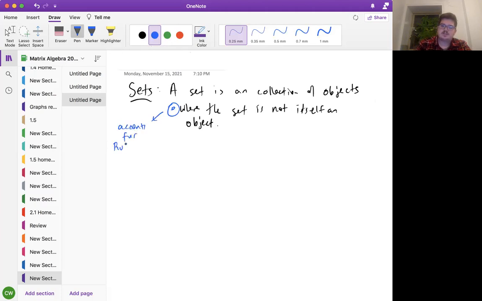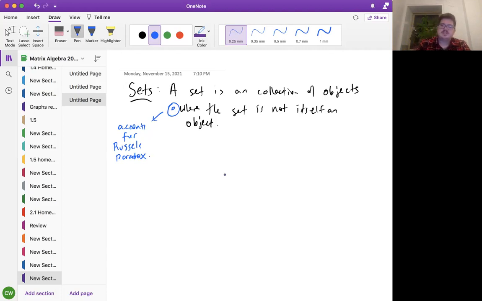So this is our definition of set. It's a collection of objects where the set itself is not an element. So questions on that definition? All it is, is you have a collection of stuff, but the whole collection itself cannot be part of it.